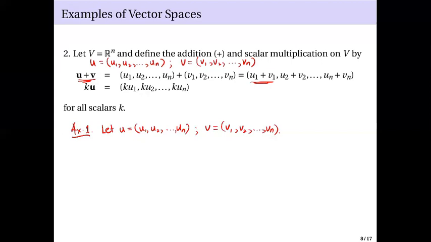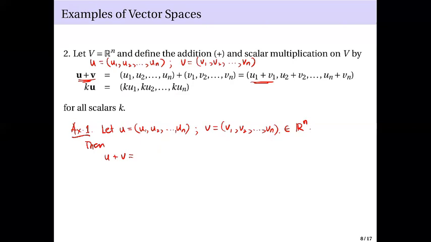Since U and V belong to Rn, their components are real numbers. So if we add them, the sum must also have n components, and the components must be real numbers.